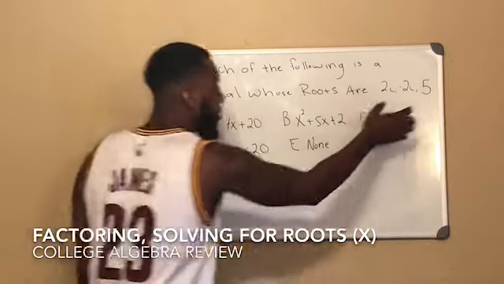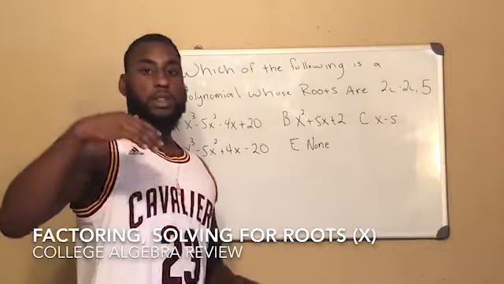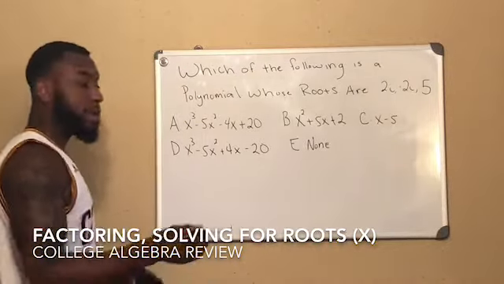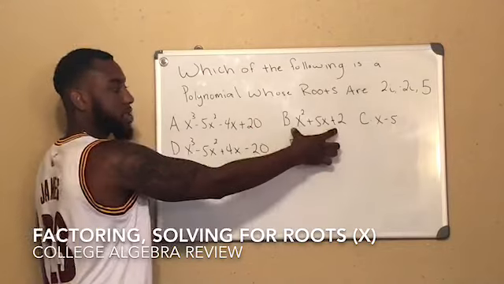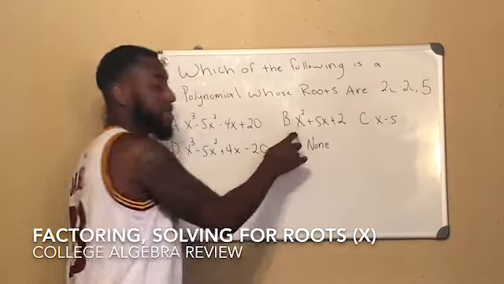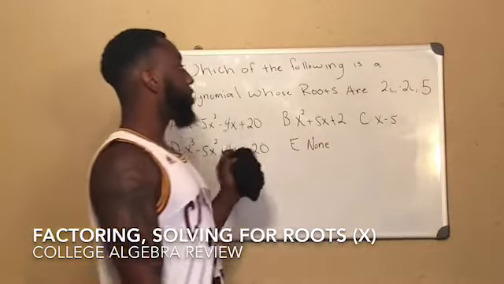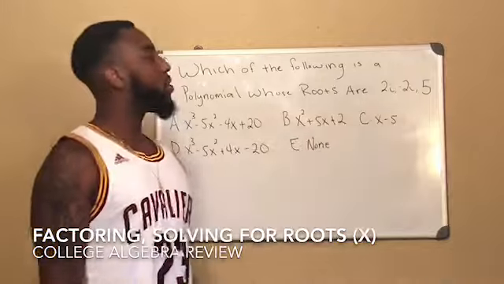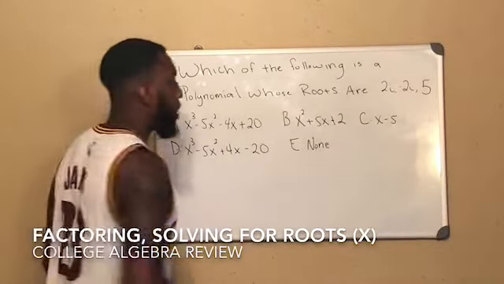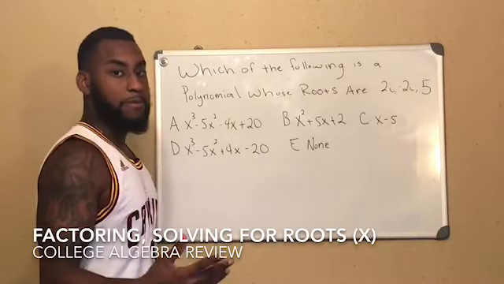So if you have 3 roots, that means that your polynomial goes up to the cubed function. So when we were factoring questions like this that only went up to the x squared term, in which case it would have 2 roots. But since we're looking for the solution that has 3 roots, we know that whatever function we're looking for has to have a cubed in it, all right?